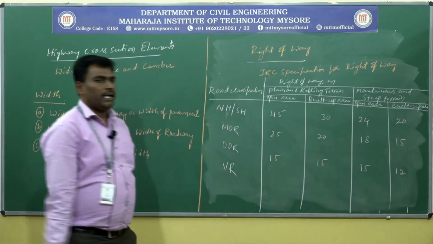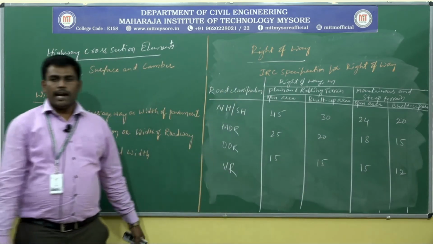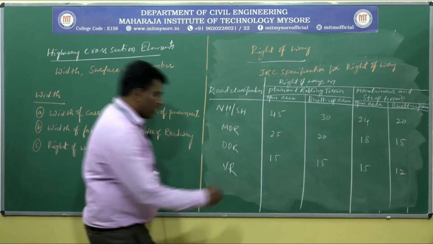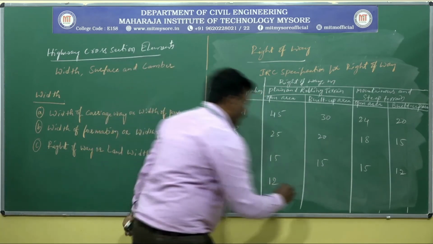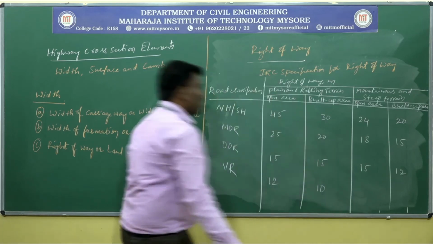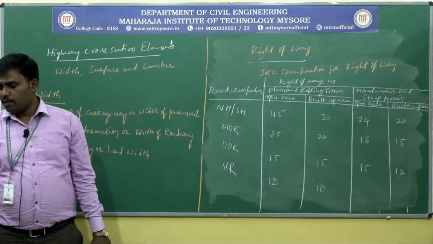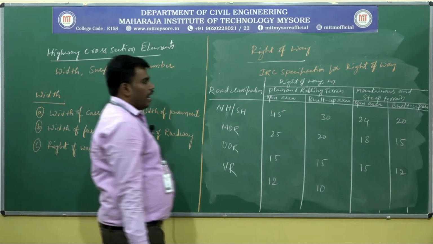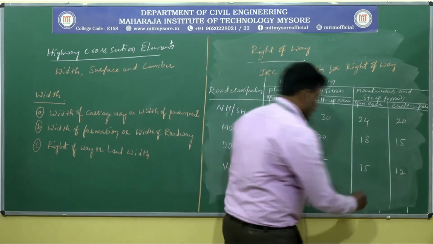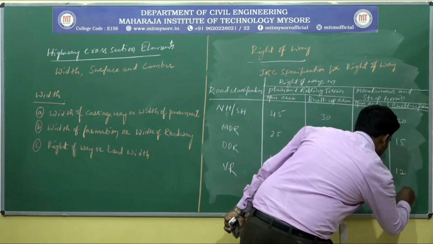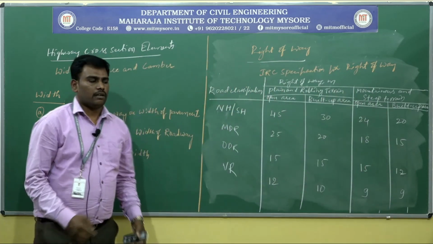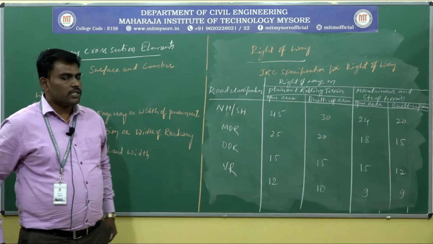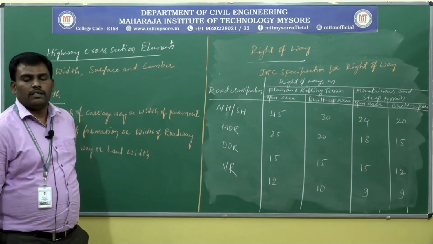And for village road, it is 12 meter in the open area of plain and rolling terrain and 10 meter in built up area. And for mountainous and steep terrain, it is 9 meter, both in open area and built up area.